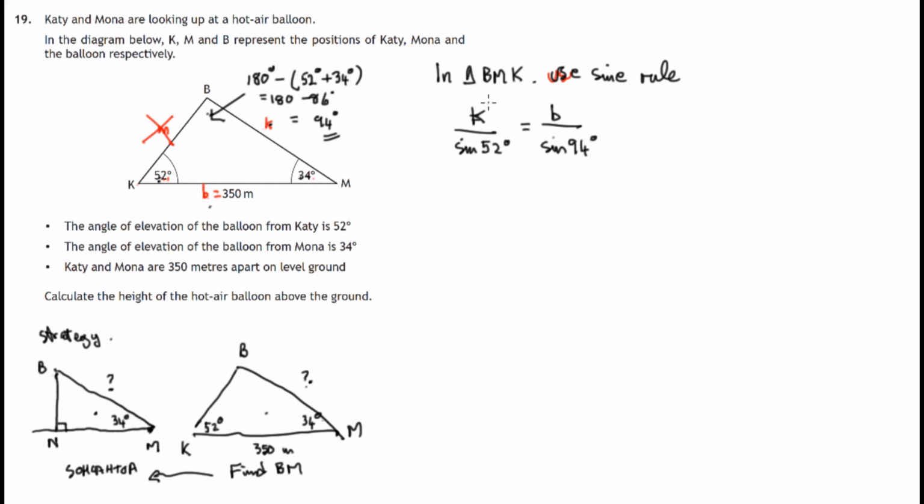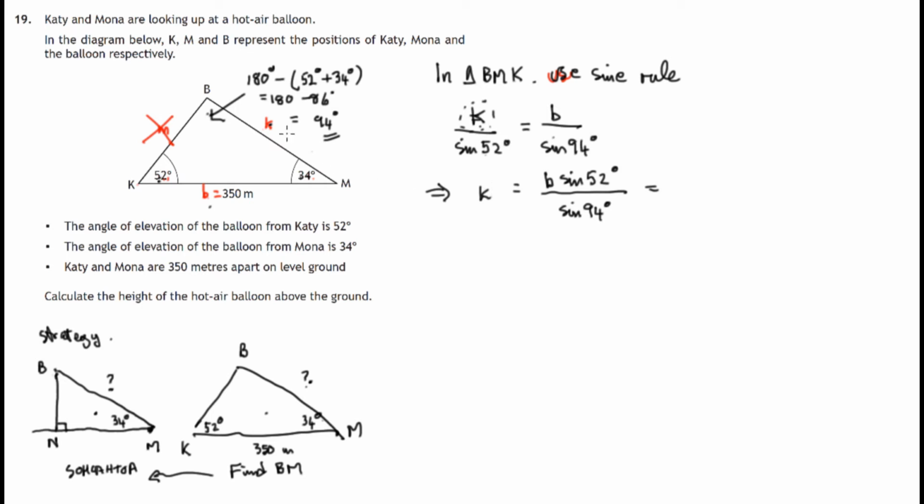And remember, we're trying to find K on its own. We would get rid of this divide by sine 52 by multiplying both sides of this equation by the sine of 52. So K would equal, and if you're multiplying a fraction by a number, it'll appear on the top, so it's b times the sine of 52 degrees over sine of 94 degrees.